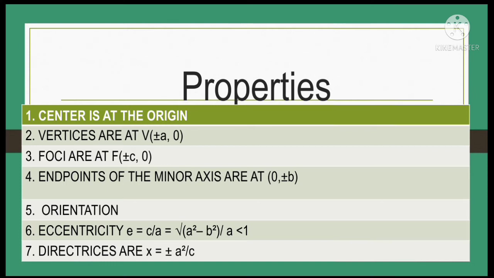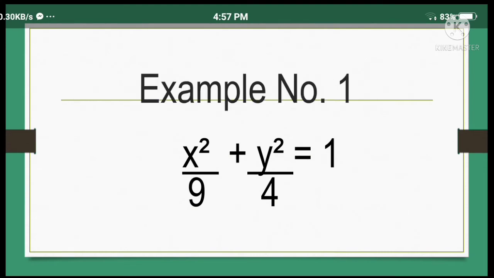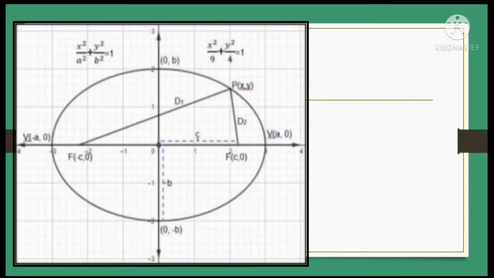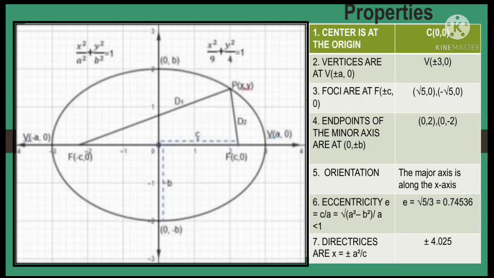Given the first equation, we have this first example: x squared over 9 plus y squared over 4 equals 1. If we were going to graph this first example, the illustration would look like this. The properties are: the center is at the origin, so as you observe in the illustration, the center is at (0, 0).